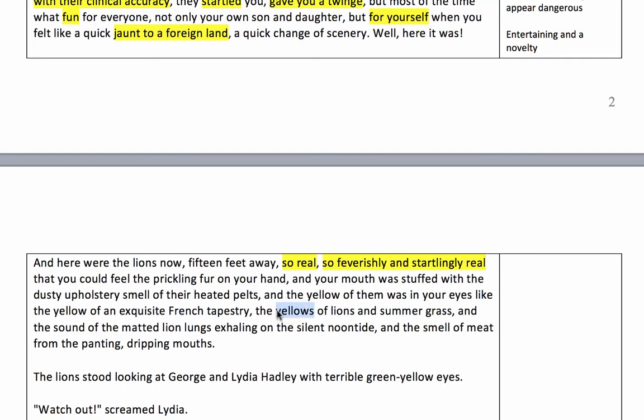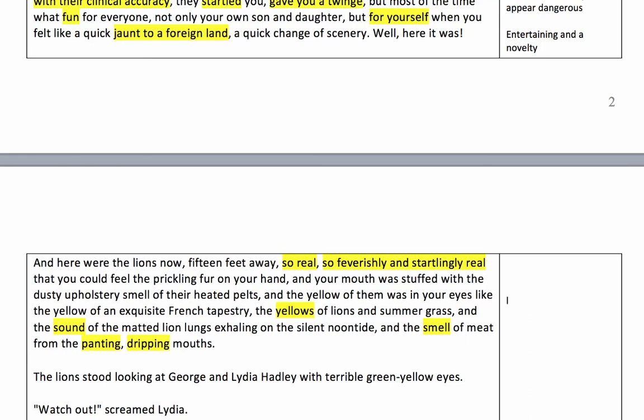So over here, earlier on, we talked about the sounds and the smell. So here we've got more of the smell, and the sound as well. We've also got a bit of the feeling or touch here, dripping mouths.